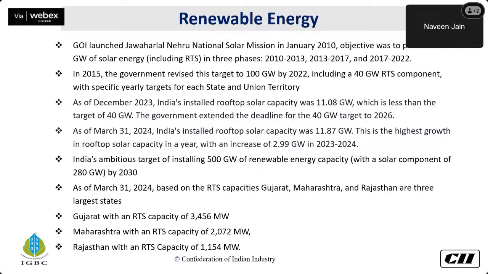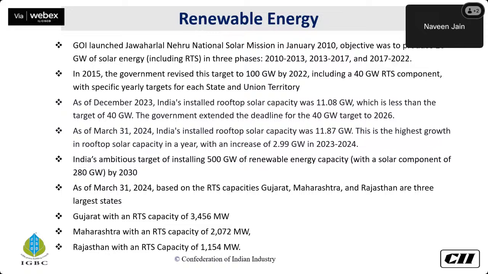Before 2010, there was not much talk about renewable energy installed at the rooftop or at a bigger scale. But in 2010, the government came with the JNNSM, the Jawaharlal Nehru National Solar Mission, which talked about 20 gigawatt of solar energy in 3 phases.